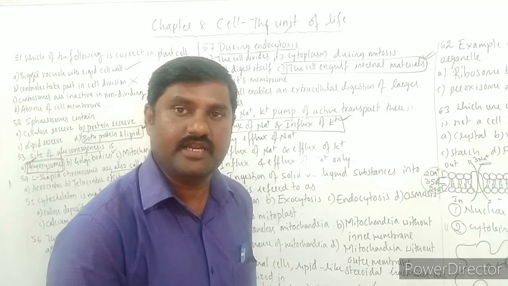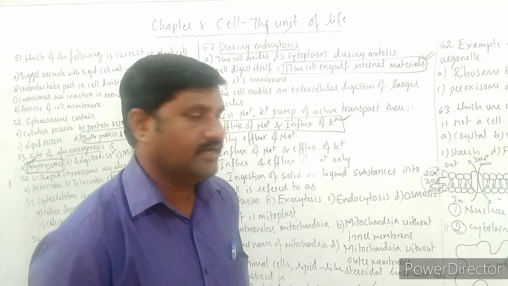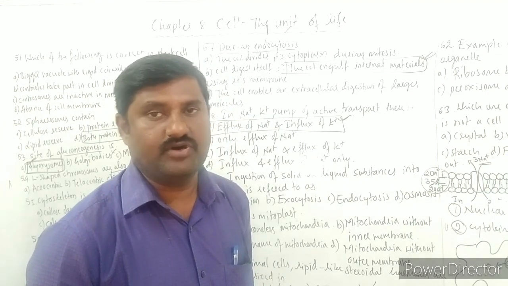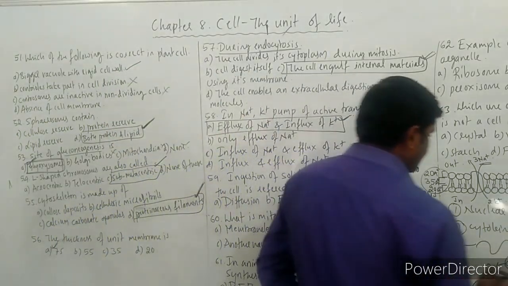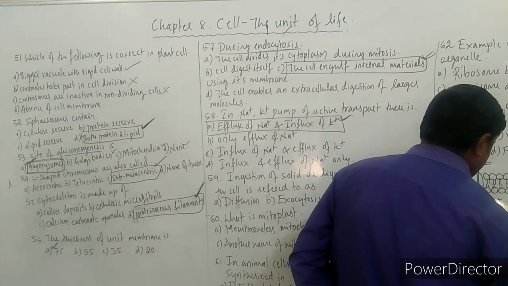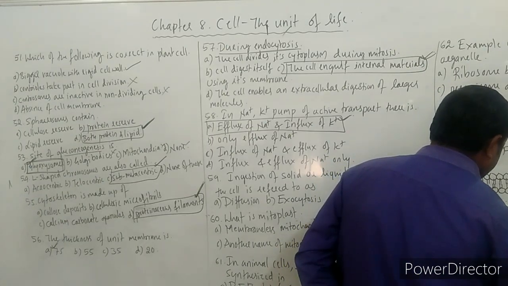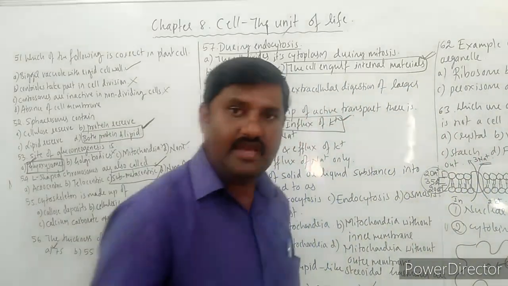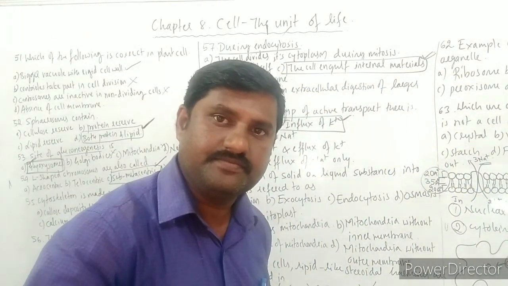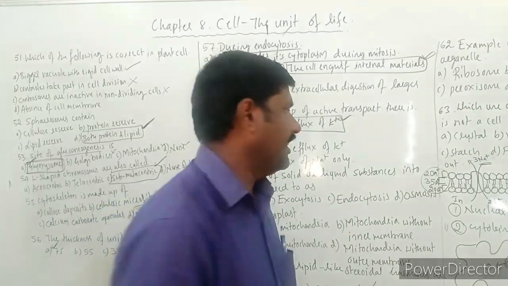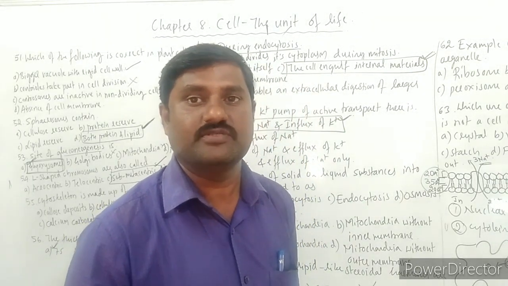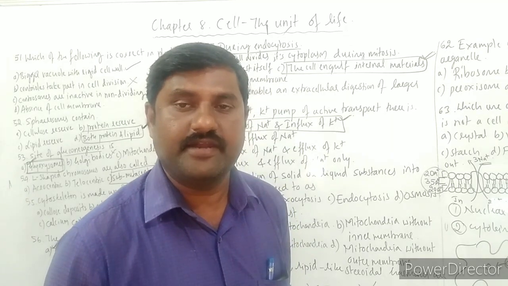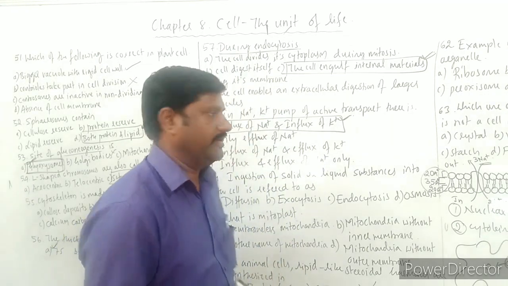The solid food material is engulfed by this amoeba-like organism. And the food may be solid or it may be liquid. So if any one of them is taken in, then the condition is said to be phagocytosis as well as pinocytosis. Pinocytosis, phagocytosis, you know it better.